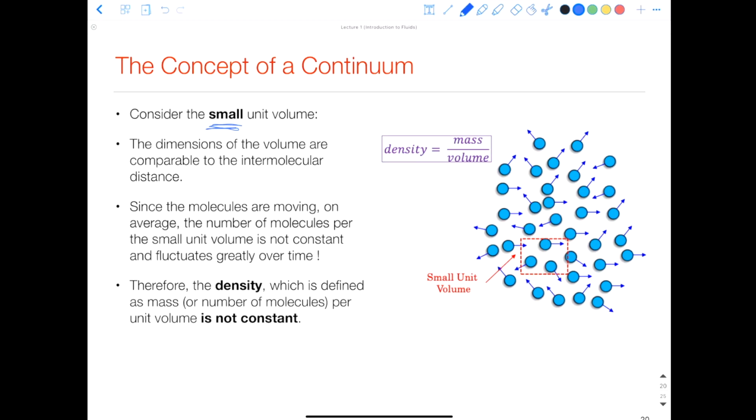Since it's so small and on the order of the molecular size, if we move this volume around, maybe the density or material property here, then over here, all of these properties might be slightly different.